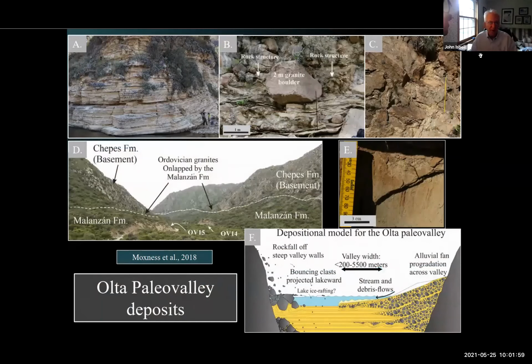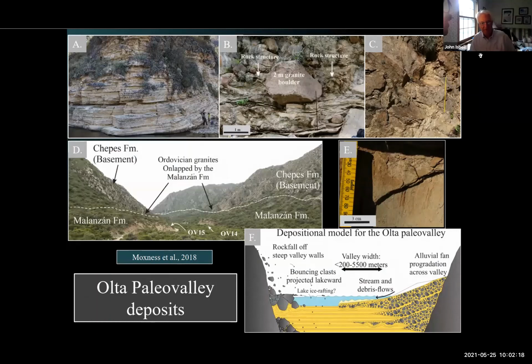Much of the Alta paleovalley consists of thick accumulations of sand. The sands are thin bedded, they're graded, suggesting deposition as originally underflows or turbidites. But most of those sand beds have reworked tops in the form of wave ripples.